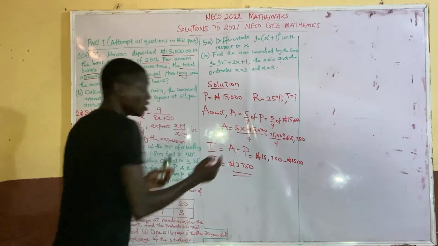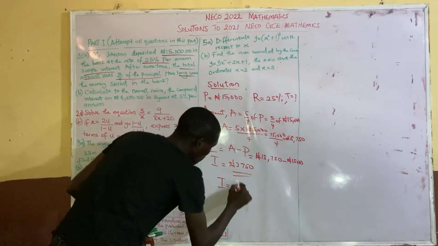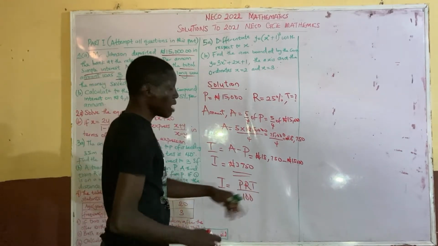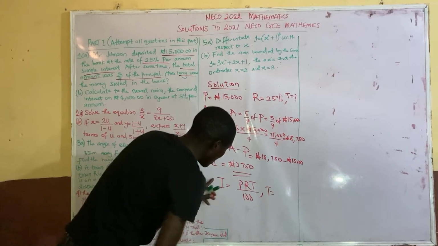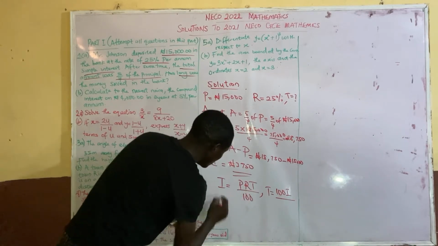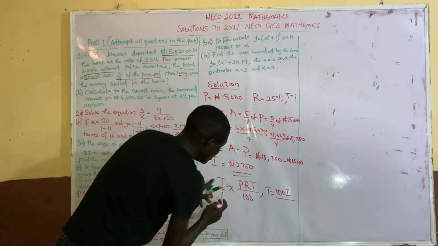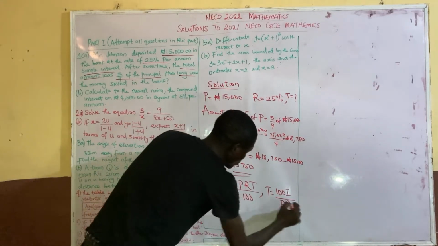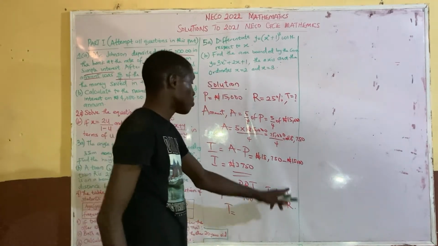The simple interest formula is I equals PRT over 100. Since we are looking for time, we make T the subject of the formula. Cross multiplying, we have 100 times I equals PRT. Dividing both sides by PR, T equals 100I over PR.